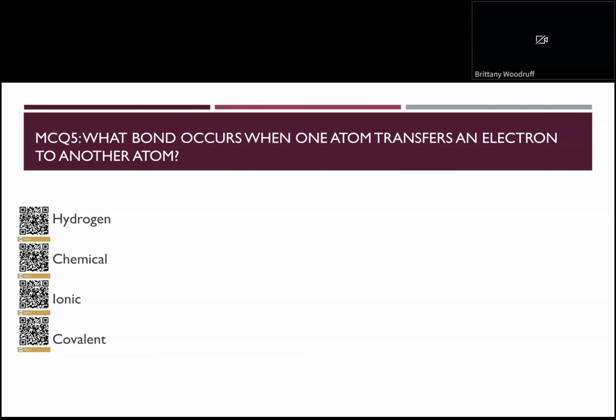What happens when one atom transfers? Ionic bonds. Anytime you see ionic transfer, that transfer creates that charge. Which one of these shares? Covalent, co-parent.